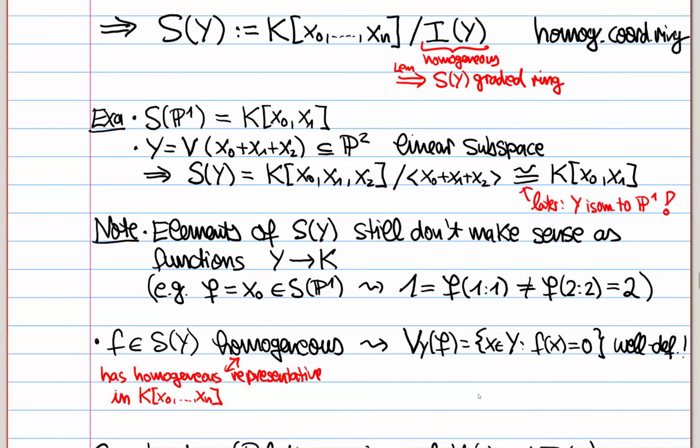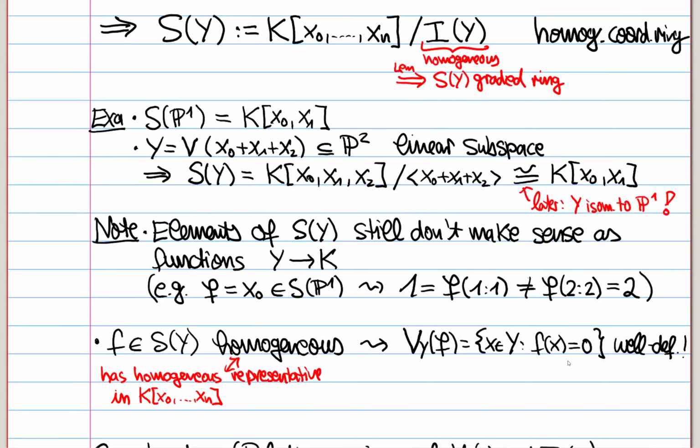But what is true is that if you have a homogeneous element in the coordinate ring, then its vanishing locus is well defined. And here one has to be slightly careful because being homogeneous inside this quotient means you have a homogeneous representative inside here. And then asking for this equation for that representative makes sense.